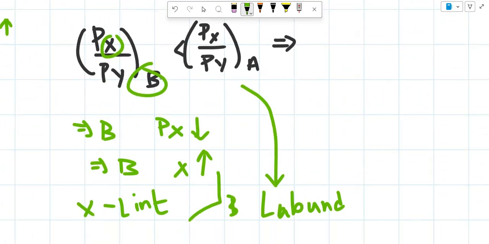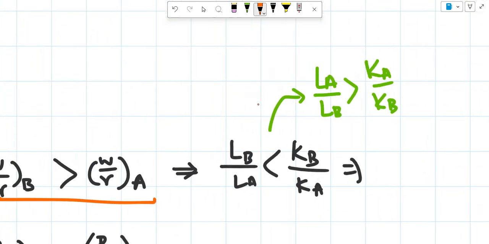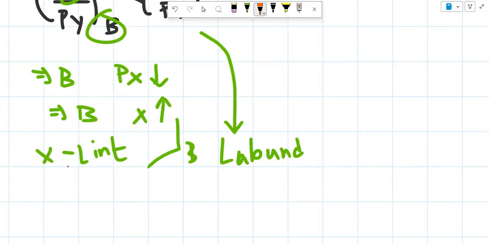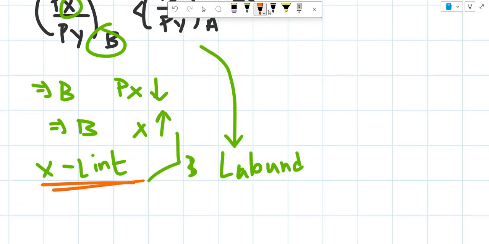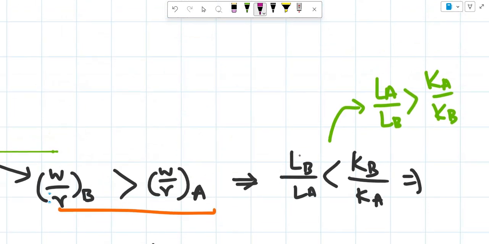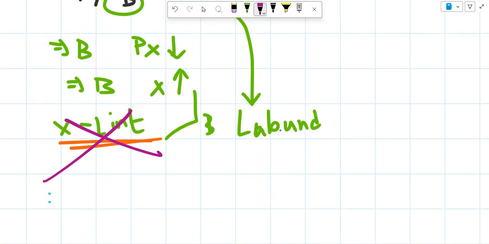If you want this to hold, another possibility could be, see, when we are deriving this idea, we are assuming that X is labor intensive. So one way to make these two statements consistent is to remove this. We say no, this is true, A is labor abundant, here also A is labor abundant.